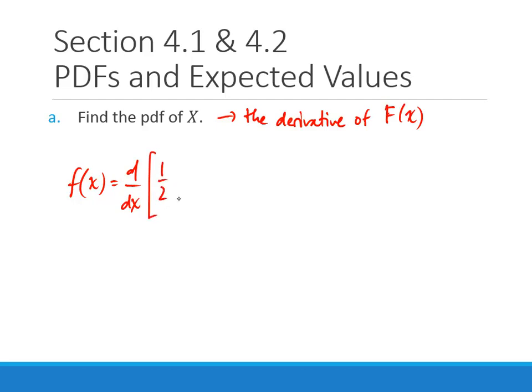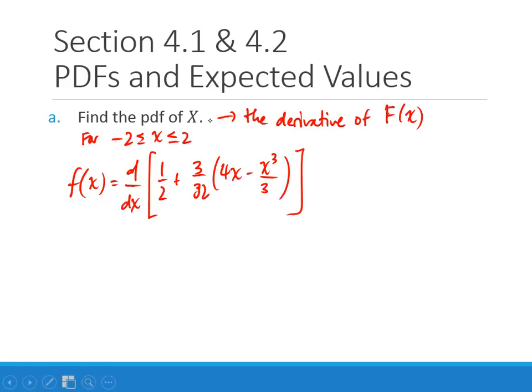So I have a half plus 3/32 times (4x minus x cubed over 3). And I should say, for x between -2 and +2, this is what the PDF will be.